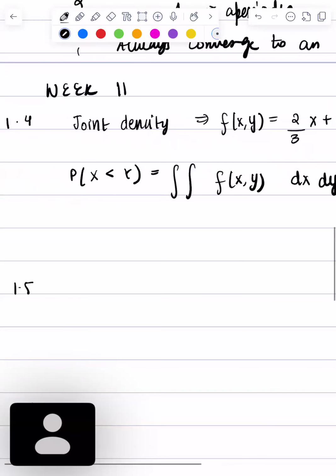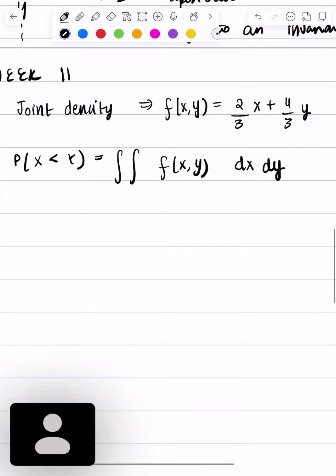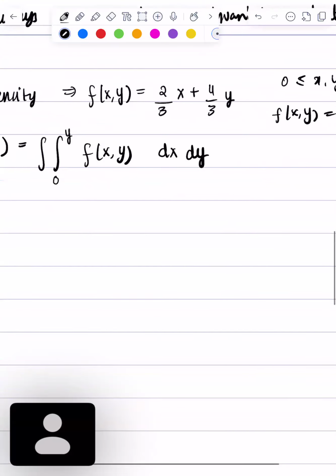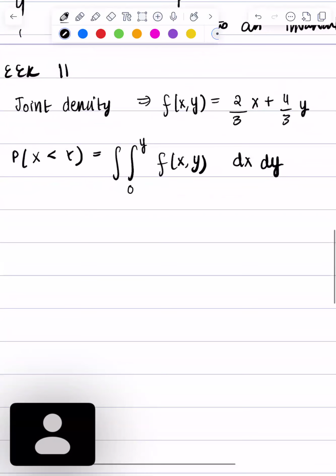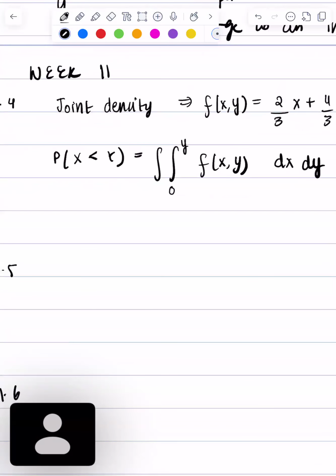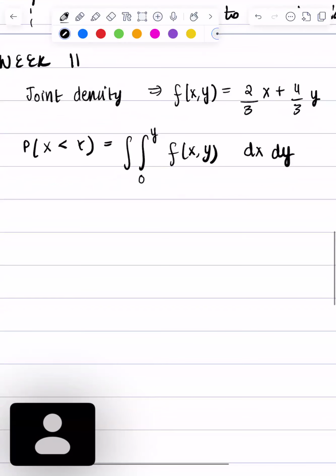So they said to find where x is going to be less than y. So our x goes from 0 to y, because the lowest bound of x is 0, and the highest is y, because they're asking where x is less than y, but the bounds for y remain the same. So it's just going to go from 0 to 1.